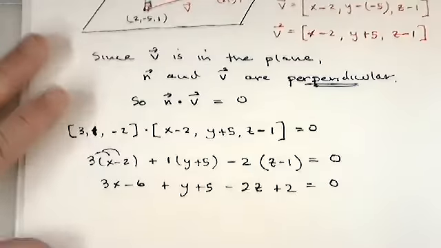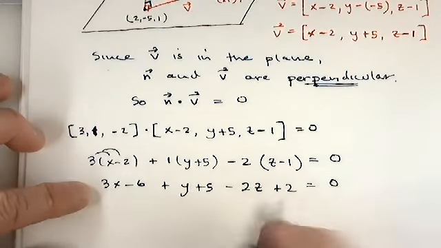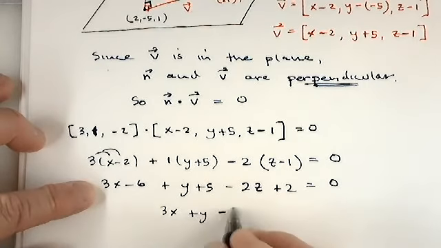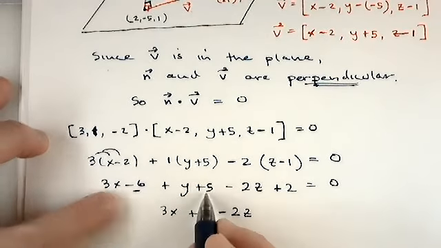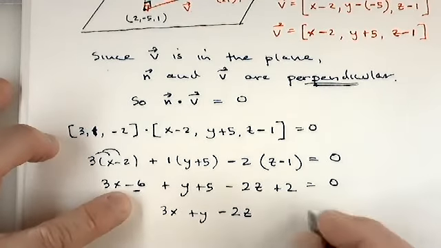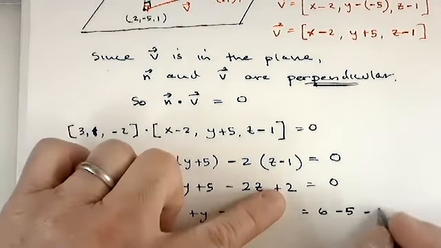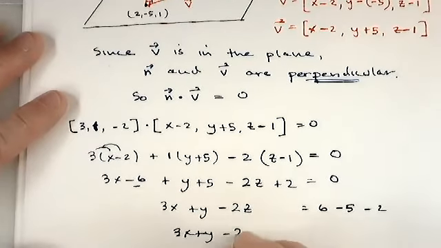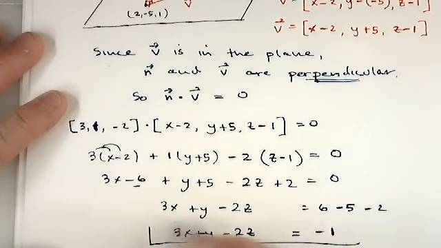Usually when we write equations of planes, we like to have x, y, and z on the same side and all the numbers on the other side. So we would have 3x plus y minus 2z. If I throw all these numbers over to the right side, add the 6, subtract the 5, subtract the 2, we get -1. This is the equation of my plane.